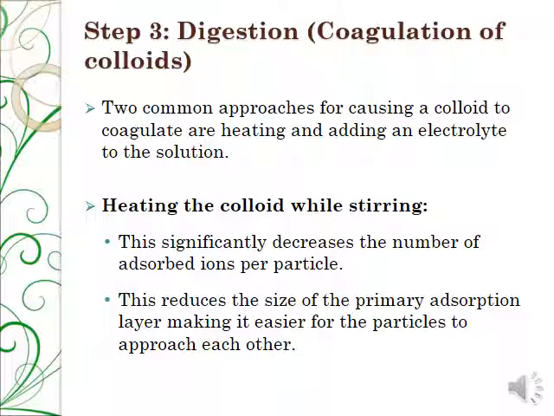So when we heat the colloid while stirring, this will significantly decrease the number of adsorbed ions per particle, and therefore this process will reduce the size of the primary adsorption layer, making it easier for the particles to approach each other. Now what does this mean here?